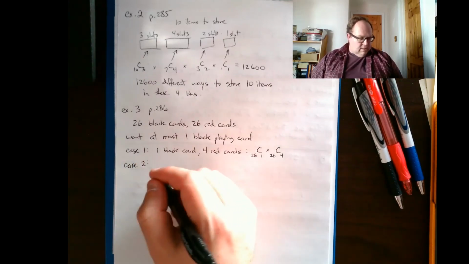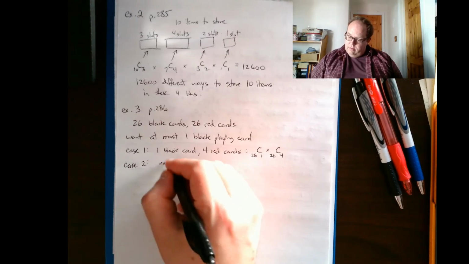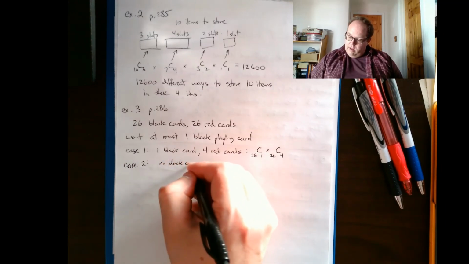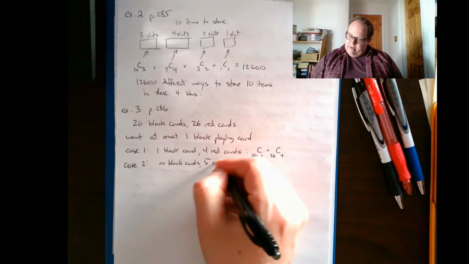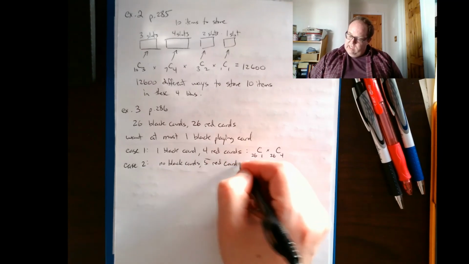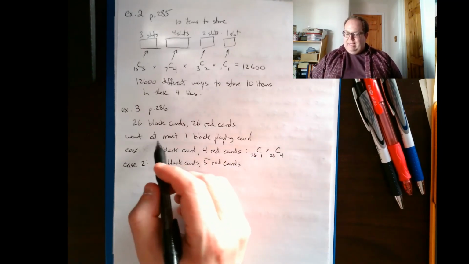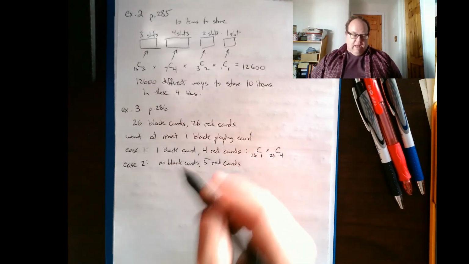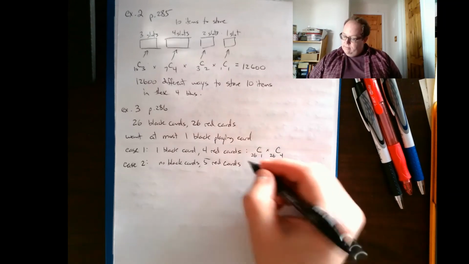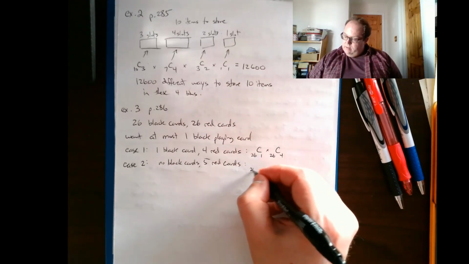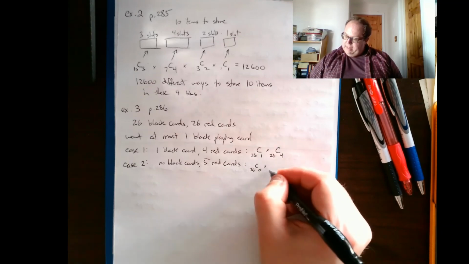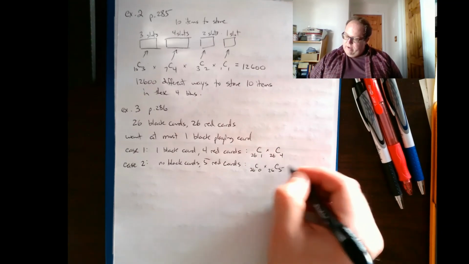Case 2 has no black cards, 5 red cards. Typically when you see things like at least or at most in one of these statements, you're going to have to break it down into cases. And this would be 26C0 for the black cards, 26C5 for the red cards.